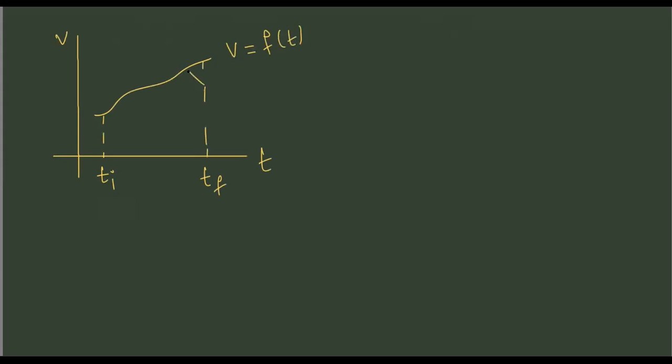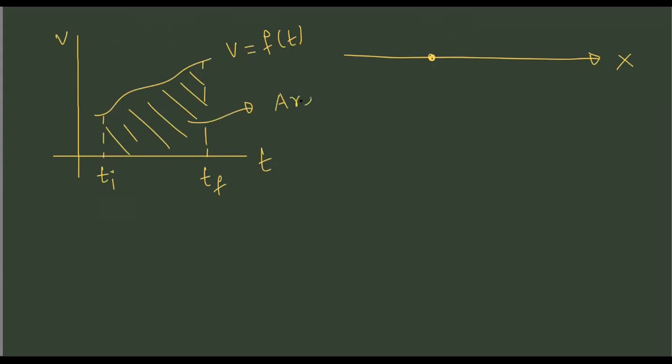Now if I want this area, this area is the displacement of the particle moving along a straight path. Here we are assuming that the particle is moving along a straight path, so maybe this is some x-axis and the particle is just moving along this path. Now the area is displacement, and we know displacement is a vector quantity.